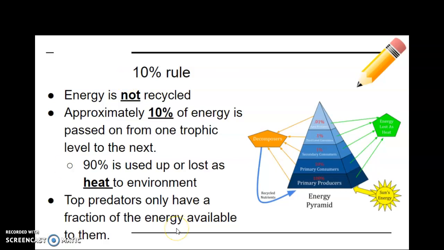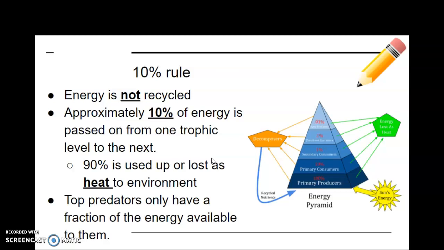Our photosynthetic organisms, like plants and algae, are producers. They will absorb energy from the sun and will take that energy and use it to make food. Food for themselves and ultimately food for animals that might want to eat that plant.